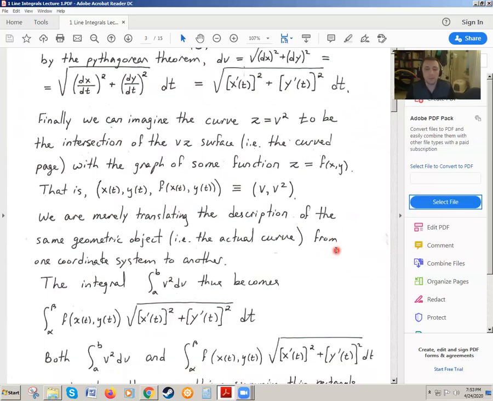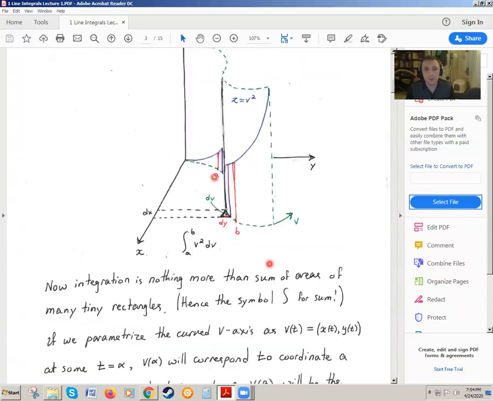Now we are pretty much ready to translate the integral from a to b of v squared dv to a form that's understandable from the perspective of the xyz coordinate system. What we can observe is that there is going to be a time, call it time alpha, at which x(alpha), y(alpha) will be the point A on the v-axis.